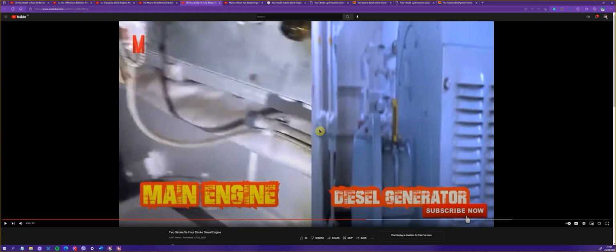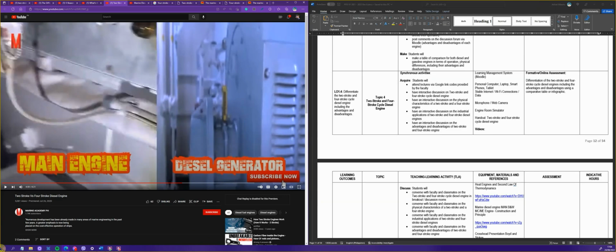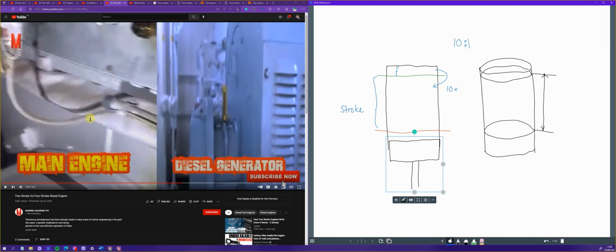Ilang revolutions ang nakukumpleto niya per cycle? Sa 4-stroke, nakakailang akyat baba siya sa isang cycle? Ilan? Tawanin natin ha. So if you remember, ito yung stroke, ito yung length na yan.